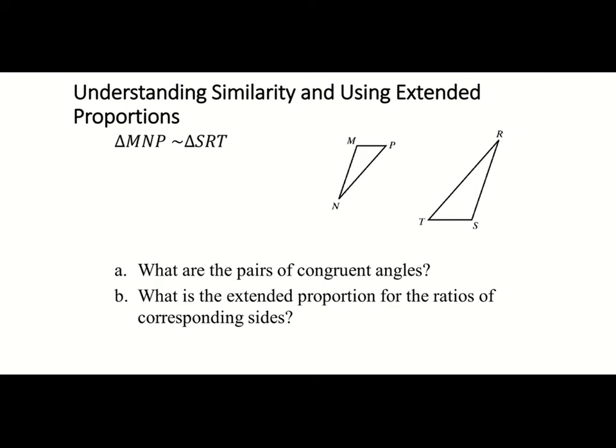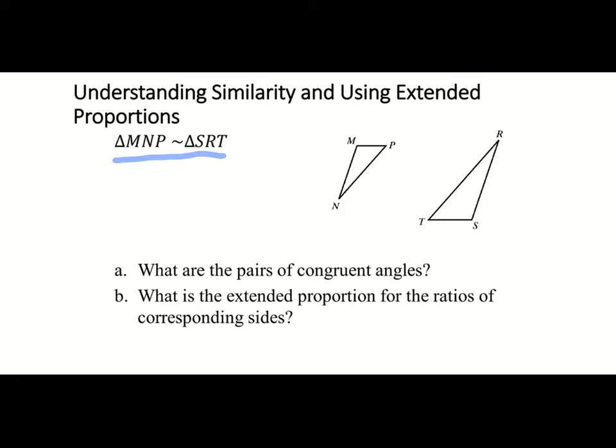All right, so here we are going to name pairs of congruent angles. They tell us here that triangle MNP is similar to triangle SRT. And again, when you name similar triangles, you name them just like congruent ones, you have to keep the vertices in order.